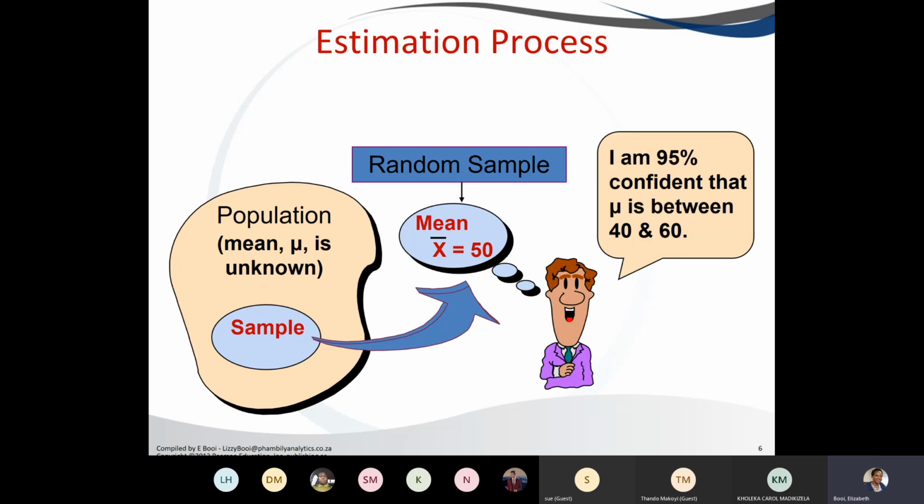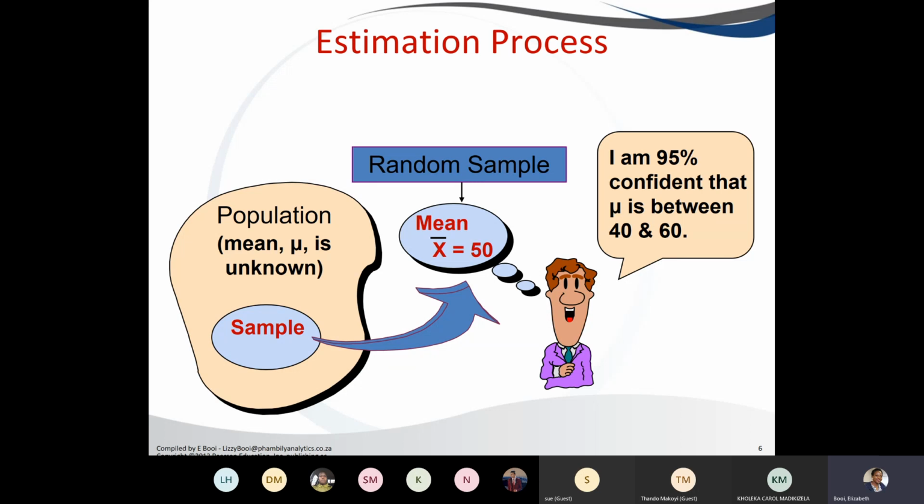So remember, when you select the sample, you calculate the mean and you get that the mean is this. But sometimes you also have the population mean. So you need to make sure that the mean for the sample falls within the confidence interval in order for you to be able to infer the results back.